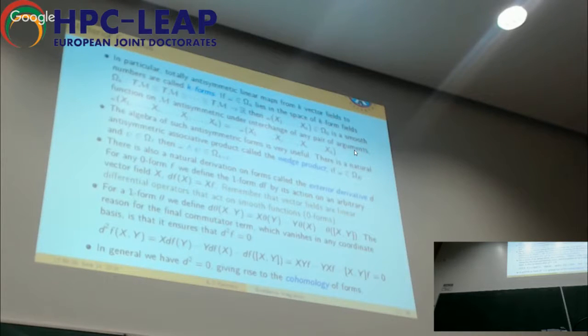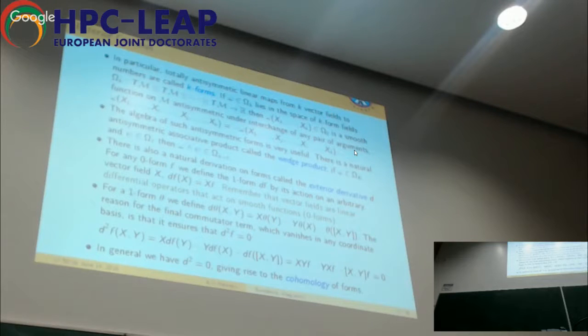So in other words, if omega is in the space of K-form fields, so omega maps a bunch of vectors, each one in the tangent bundle, so each one is a vector field, and it maps it to, let's say, the real numbers, the values functions take, then omega evaluated at x1 through xn, which is just a function, is antisymmetric.